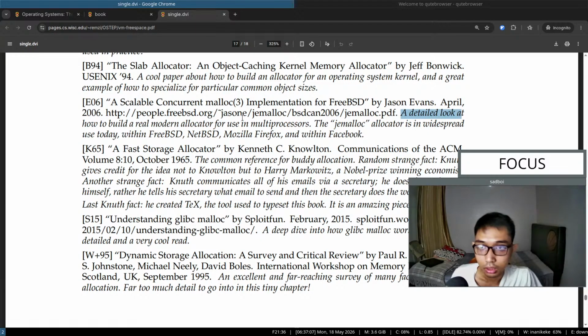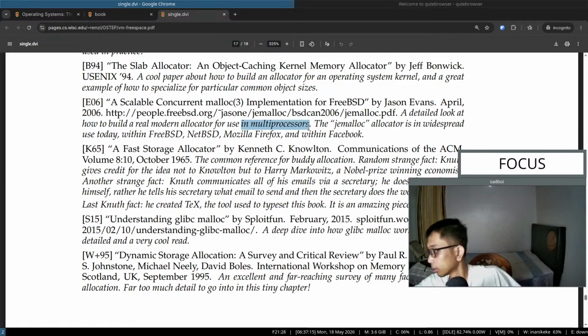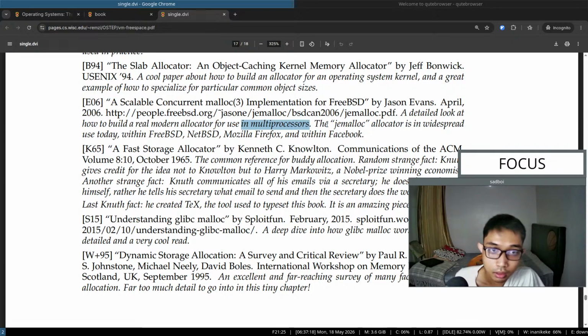A detailed look at how to build a real modern allocator for use in multiprocessors. The jemalloc allocator is in widespread use today within FreeBSD, NetBSD, Mozilla Firefox, and within Facebook.